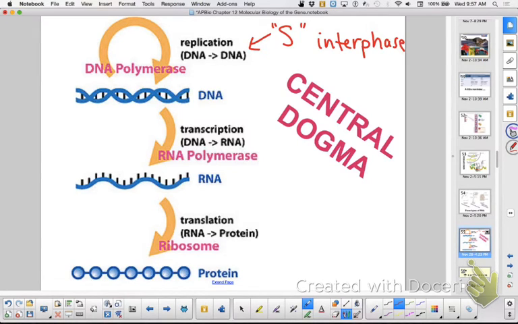Which you know all about. Transcription is when you use this DNA to make RNA. And this time you use RNA polymerase. What did we have to use up here? All kinds of stuff, right? DNA polymerase 3, DNA polymerase 1, RNA primase, SSB, right? All those things had to be used. Here we're going to use RNA polymerase and we're going to make some RNA.